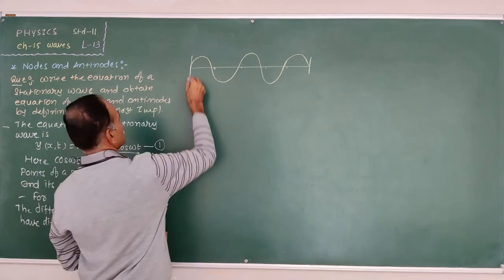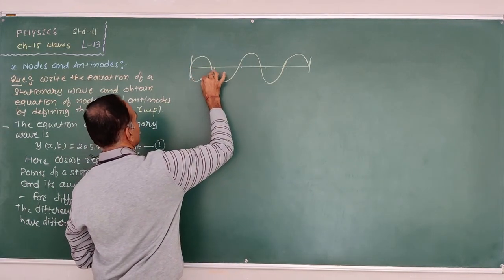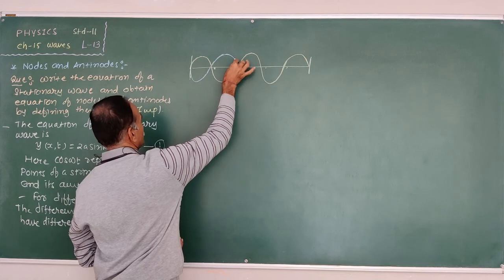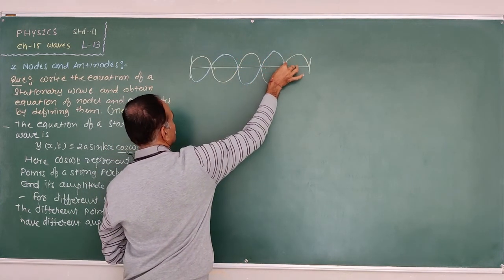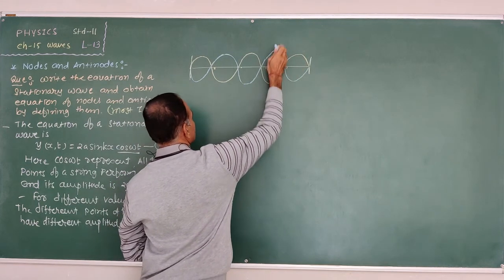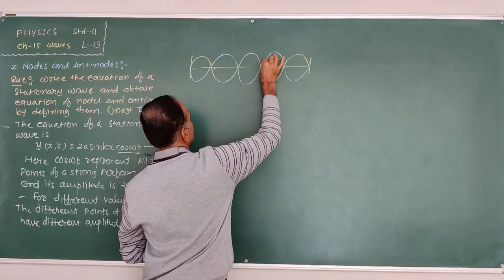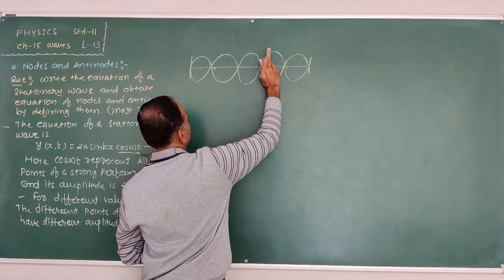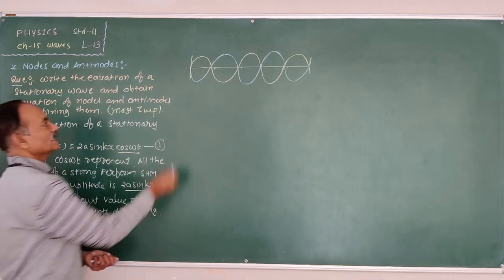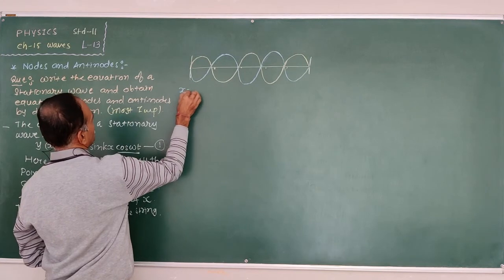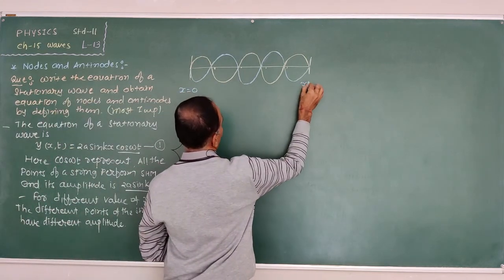The other wave propagates in the opposite direction with the same frequency and same wavelength, and they are superposed on each other. As a result, the stationary pattern is formed. Here the string extends from x equal to 0 to x.